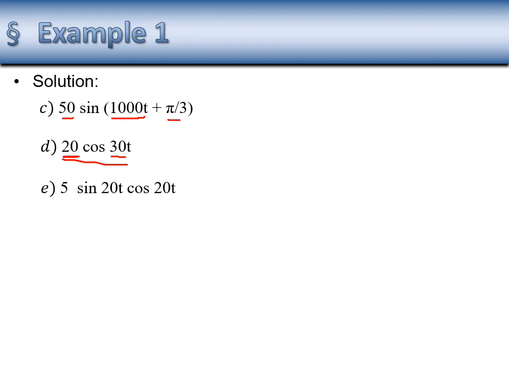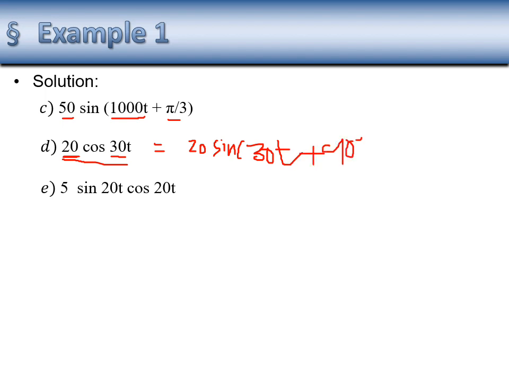Now take note that if we're going to express this as a sine function, this will be 20 sine of 30t plus 90 degrees.